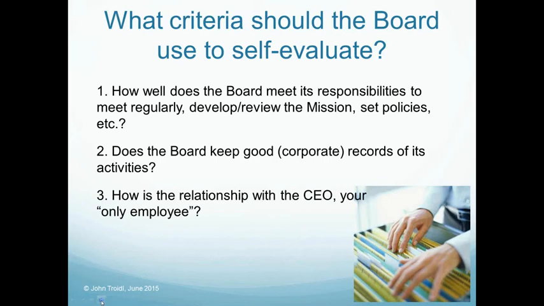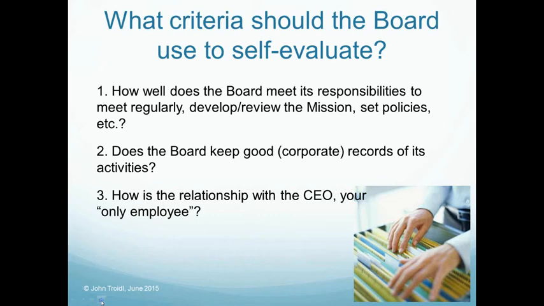One way that the board can self-evaluate is to ask whether or not they keep good corporate records of its activities. The secretary of the board has a very important job in making sure that the paperwork is kept current and complete. And then finally, this third one is, how is the relationship with the CEO, your only employee?